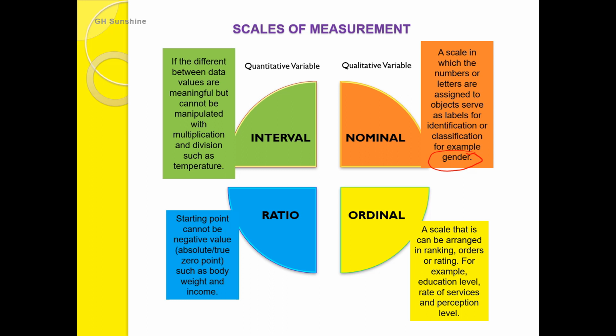Okay, next, ordinal scale. So this one is based on ranking. For example, education level, rate of services, perception level. So any variable that can be arranged in ranking, that one is ordinal scale.